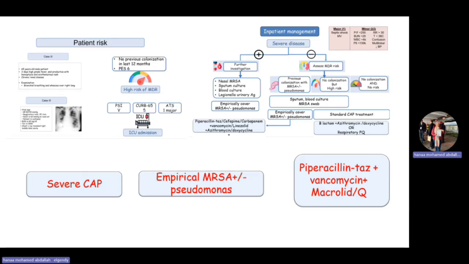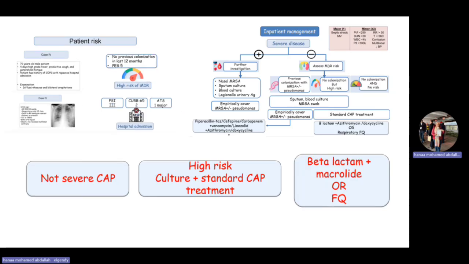The third case, severe CAP, we should cover empirically, with high risk of MRSA and Pseudomonas, with piperacillin, tazobactam, plus vanco, plus macrolides or quinolones. In patient number four, there is no severe CAP, so we can go for beta lactam plus macrolides or quinolones alone, monotherapy for this patient.